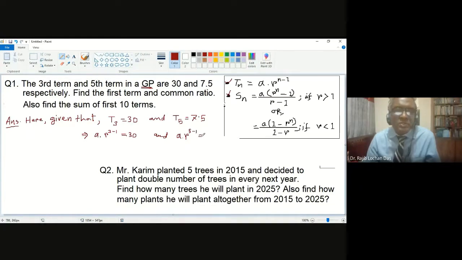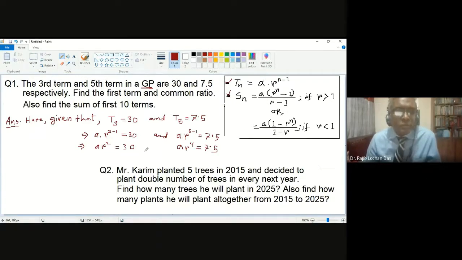So this is 7.5. Now the point is, what is 3 minus 1? That means it is AR square and it is 30. Another one is AR to the power 4. So this is 7.5. Now, how can you find A? How can you find R?